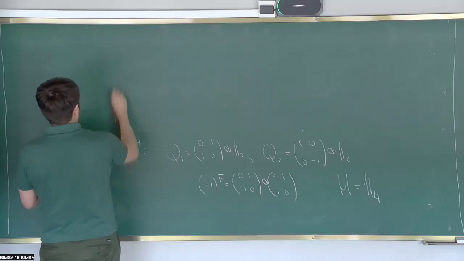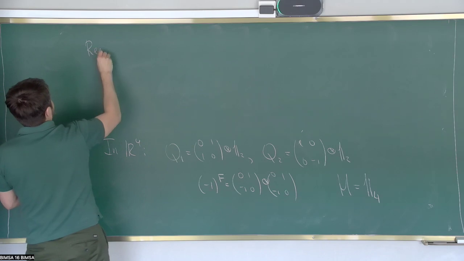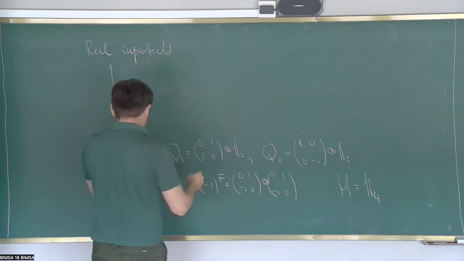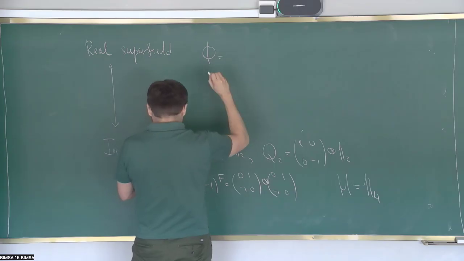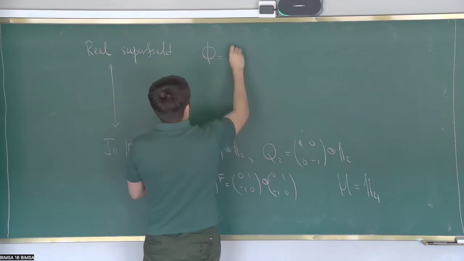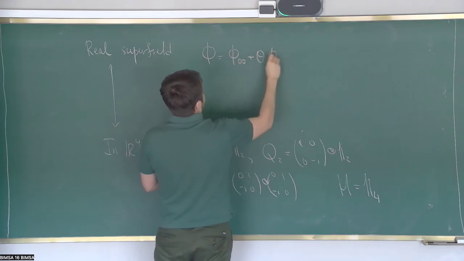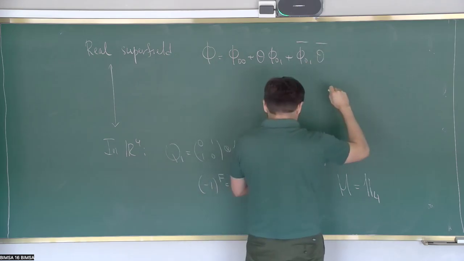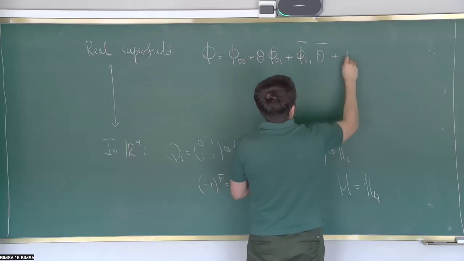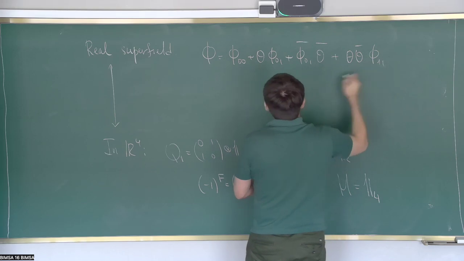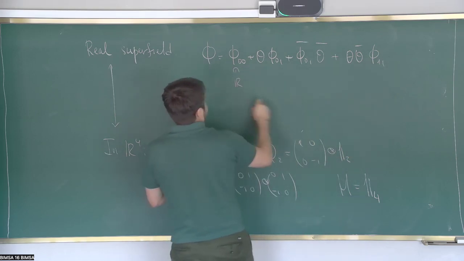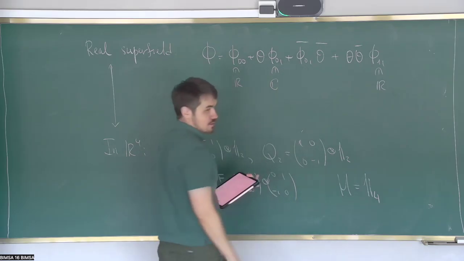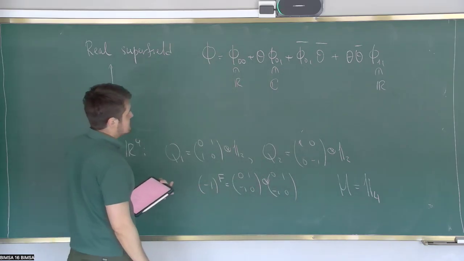To this representation, there corresponds a real superfield phi, which is now phi plus theta to the power 1, and so on, where these guys are real, this is complex, and this is complex conjugate to it. So this is exactly 4 real components.